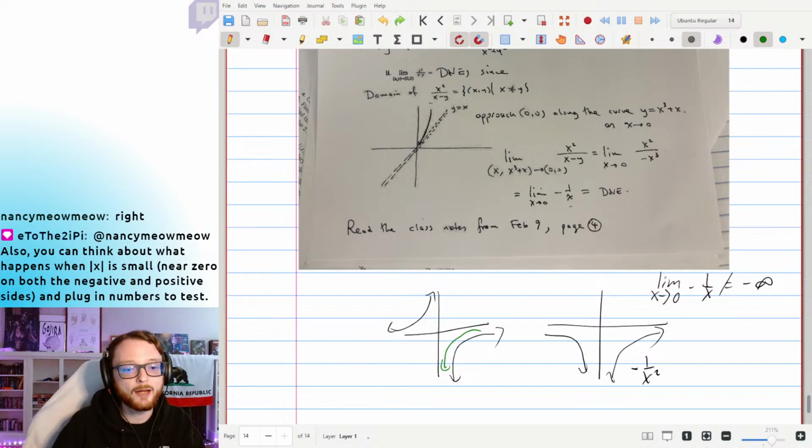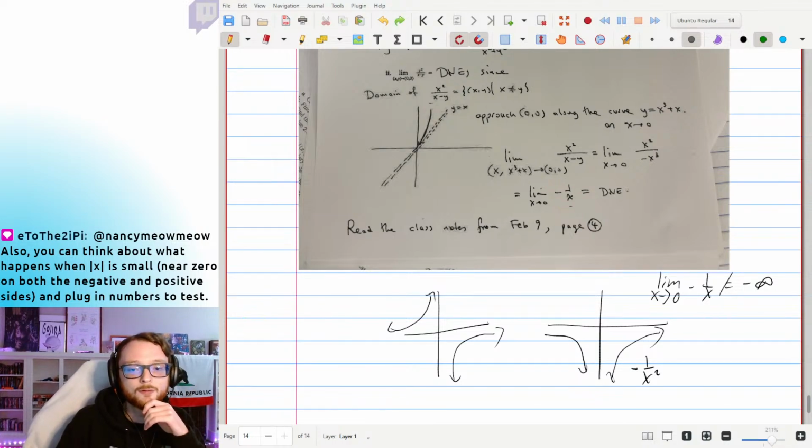Oh yeah, and as Zach is saying, you could try plugging in very small values of x, negative and positive, and think about what happens. A very small positive number becomes a very big negative number. A very small negative number becomes a very big positive number. That's how you would think about that one.